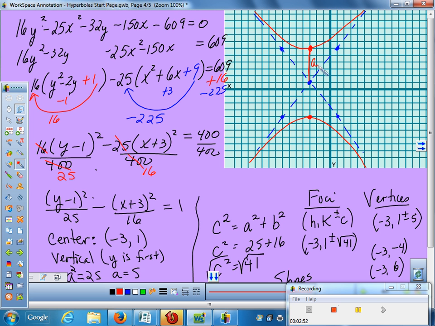Plus, you have a double check. If you've done the vertices here, maybe 3, -4, check. 3 over, 4 down, do I have a vertex there? Yep. 3 over, 6 up. Bingo, my vertex is there, so I know I didn't screw it up. But the vertices you calculate should be the same as what you actually graph.